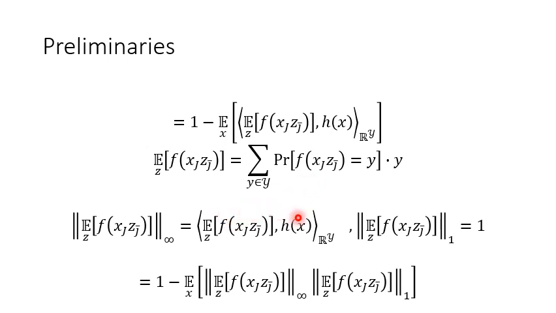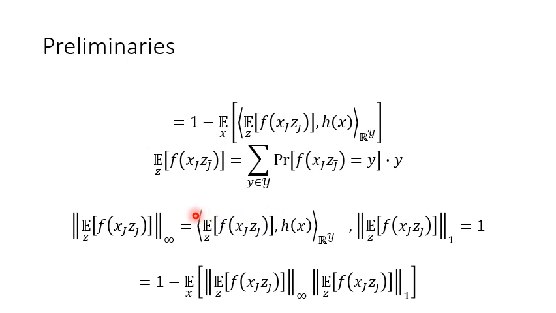And of course, because it's the only coefficient that is 1, the inner product here will give us the probability of y, which is the maximal probability for some y that this y is outputted by the function, multiplied by 1 that we get from h of x, which is pure valued.